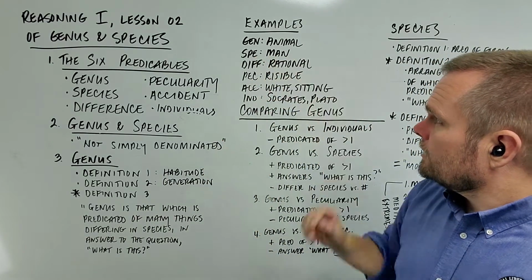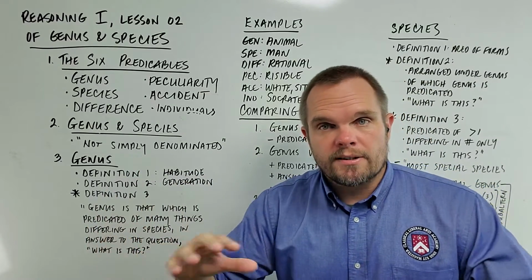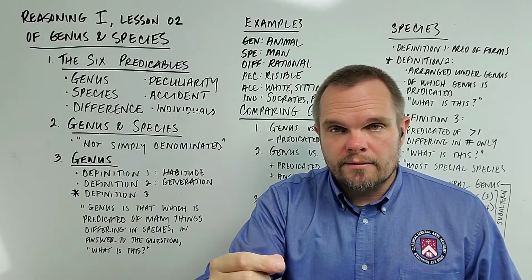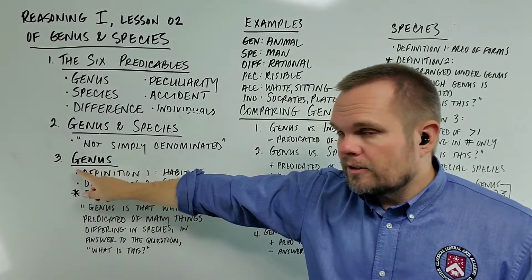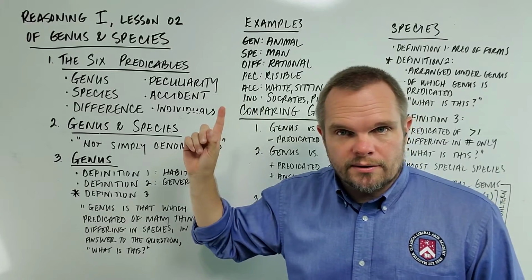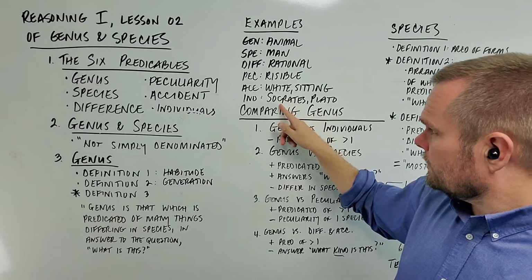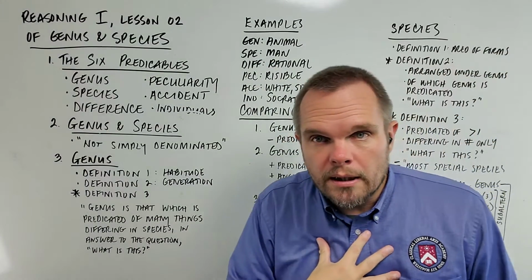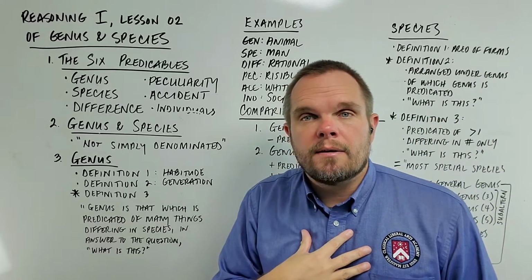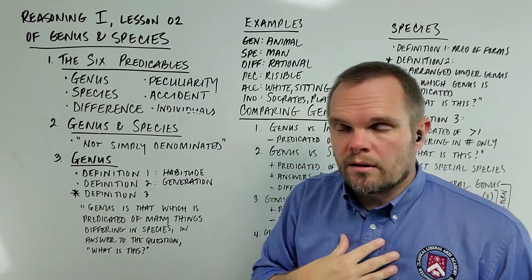But species, an example, would be man. Remember, it's a name given to a class of things. It's not a genus. We're going to see in a minute why this word species is not a genus. It's different from a genus. But for Socrates and Plato and me and you, the species to which we belong is man. It's a class of things to which we as individuals belong.